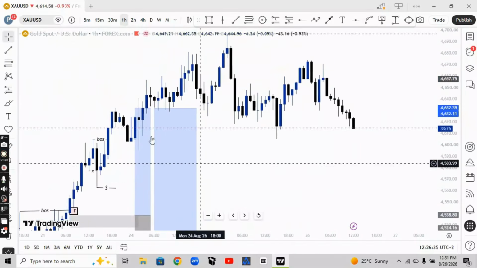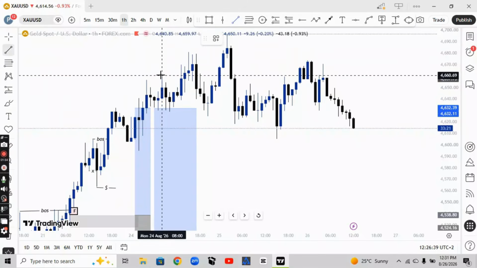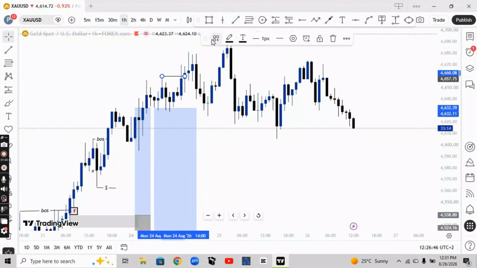Currently we have breakout structures to the upside. This is a correctional move, guys. Breakout structure.